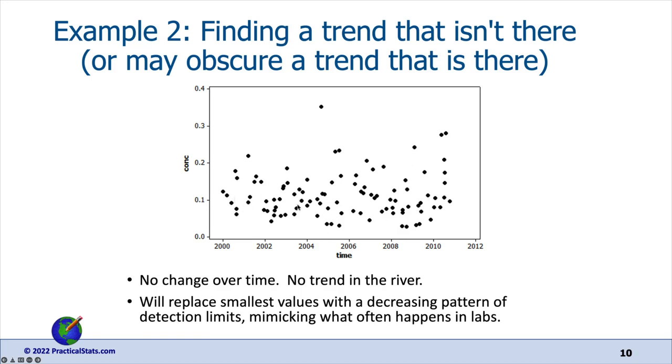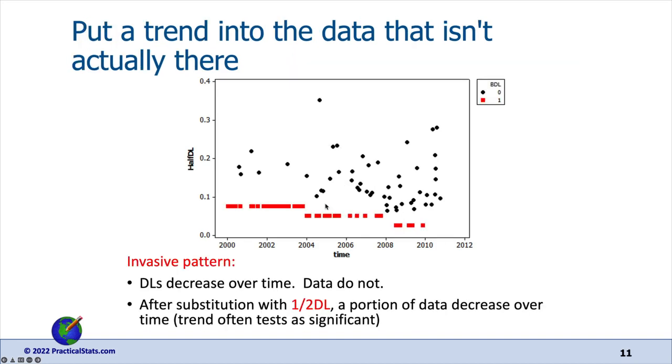So here was just an example of that. I generated some data so that I knew what the truth was. There's no trend in this data. This is just noise up and down. And I'm going to take some of the smallest values and call those a detection at a detection limit, and then take 1/2 the detection limit. So here's the detection limits. They're twice as high as these numbers because these are the 1/2 numbers, and because the detection limits went down every couple of years, the 1/2 detection limits go down every couple of years, just to illustrate that visually.